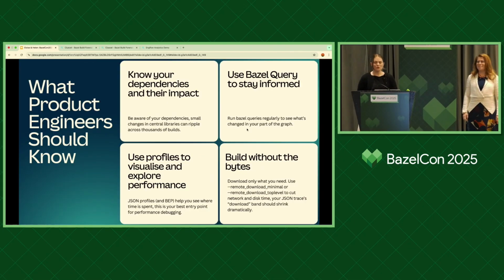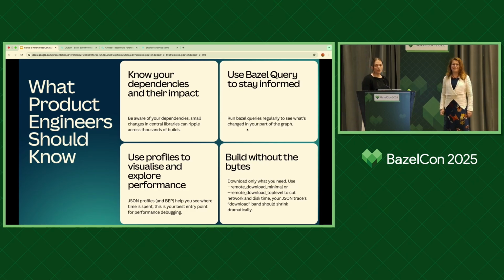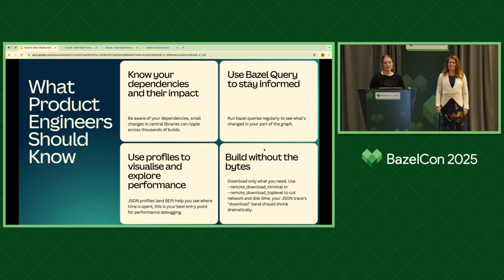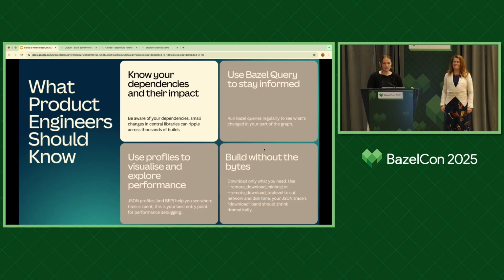Okay, so most of the people in this room, I assume, would be DevX engineers. We are the ones who can really get into the weeds of Bazel, the build graph, the flags, the logs. But product engineers know their targets much better than we do. And that means that they share the responsibility for keeping builds healthy and fast. So we, as DevX engineers, should be encouraging teams to do a few things. Firstly, product engineers should understand that small changes in a central target can ripple through thousands of builds.